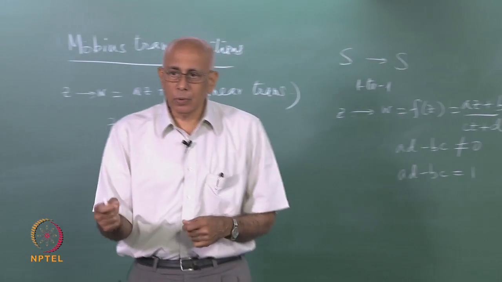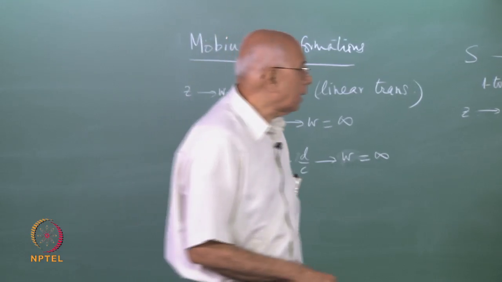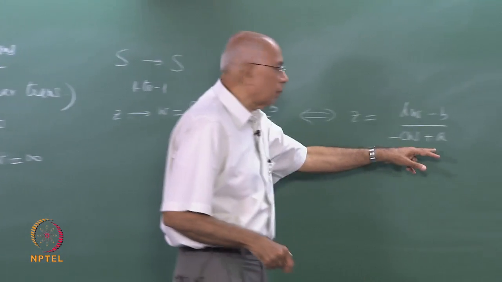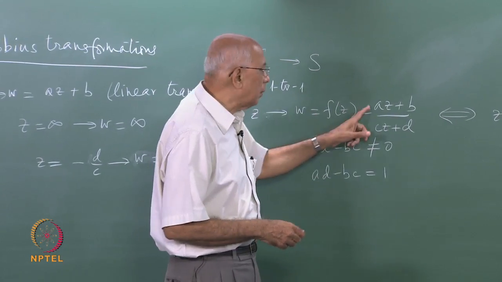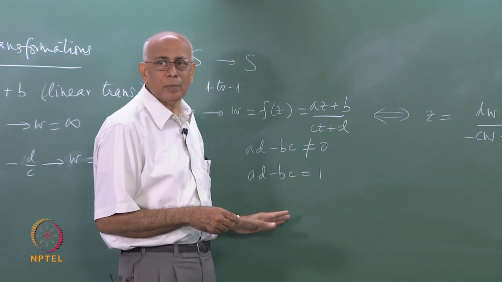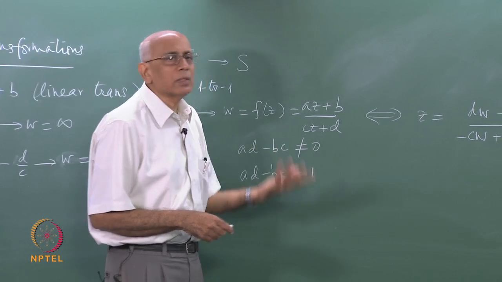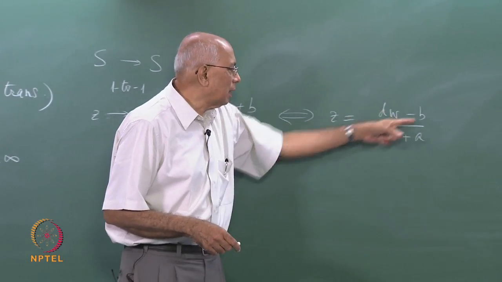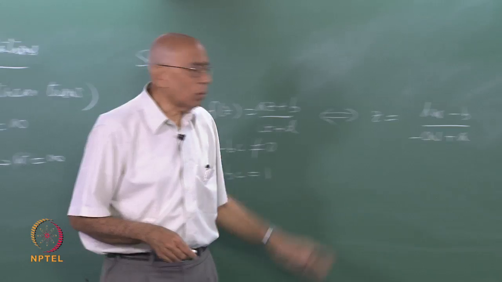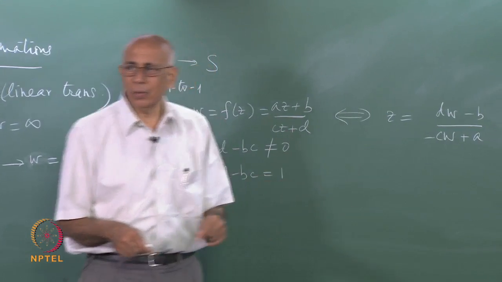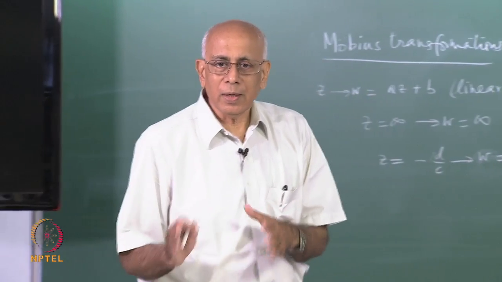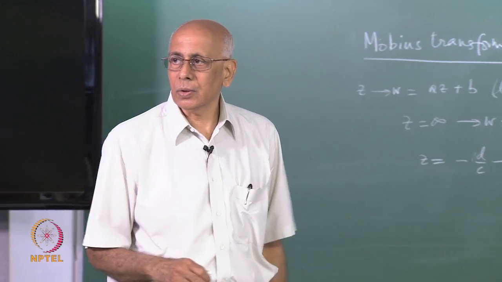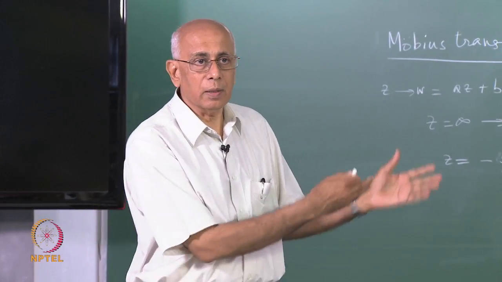So from Z I go to W, but I invert this and I get dW minus B over minus CW plus A. I could write this down because I am thinking of it always as a matrix A B C D with determinant 1, and the inverse of that 2 by 2 matrix is just D minus B minus C A. Notice that AD minus BC is still equal to 1 in this case. So the transformation has determinant 1, and the inverse transformation also is a Möbius transformation with determinant 1.